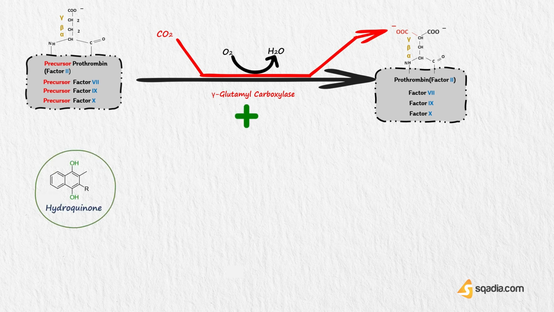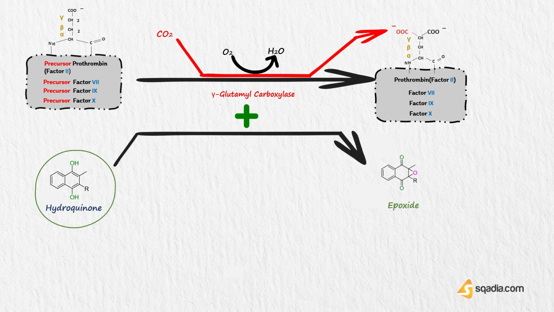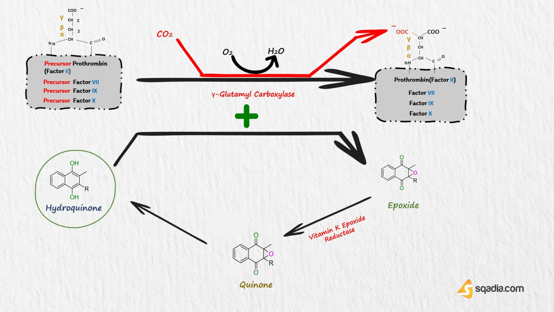Well, vitamin KH2, also called hydroquinone, is converted to epoxide. This epoxide can be utilized again, as it is converted to quinone through an enzyme called vitamin K epoxide reductase, and quinone is again converted to hydroquinone through the same enzyme, vitamin K epoxide reductase.